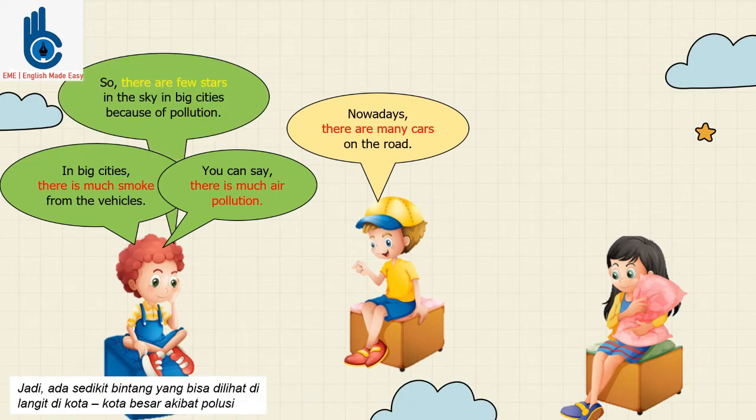So the boy said, "So, there are few stars in the sky in big cities because of pollution." Dalam dialog ini, mereka memperbincangkan tentang adanya polusi udara, penyebabnya, dan pengaruhnya terhadap keberadaan bintang-bintang yang bisa dilihat di kota-kota besar yang diakibatkan karena polusi tersebut.